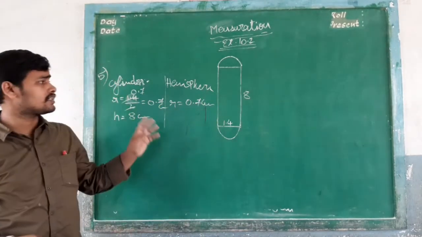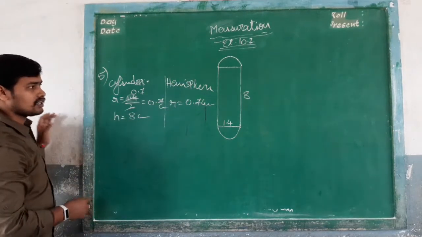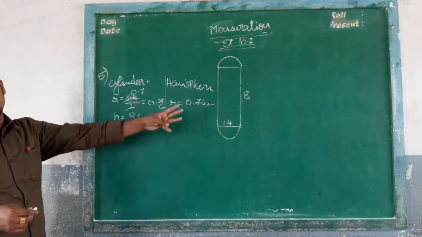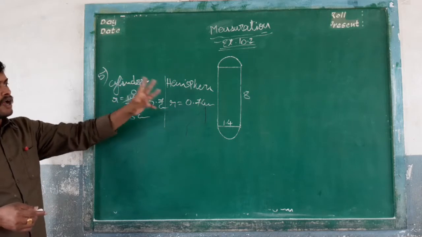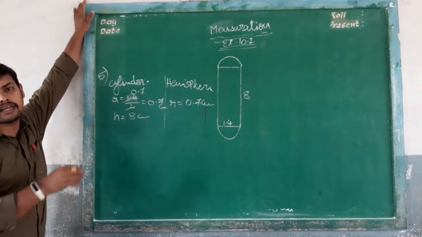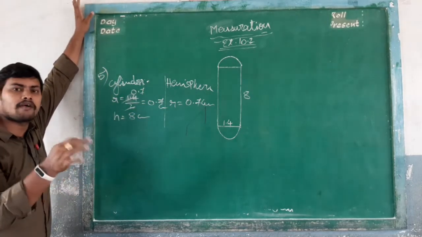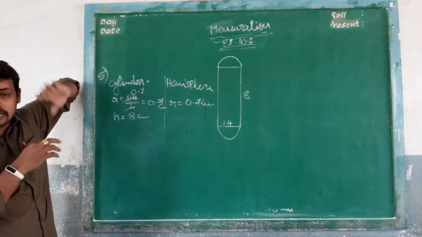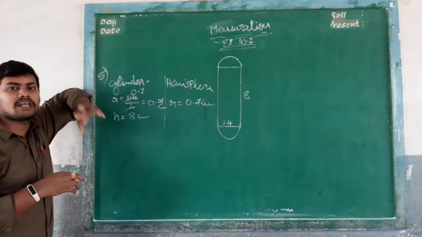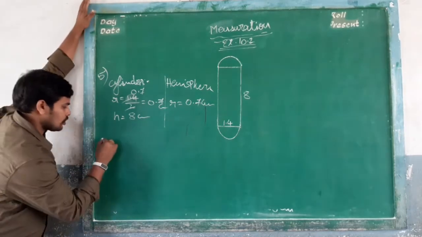Okay, you have to calculate the total surface area. There are 3 solids here, 2 hemispheres and 1 cylinder. So you calculate the lateral surface area of each one, then add the 3 lateral surface areas to get the total surface area of the tank.